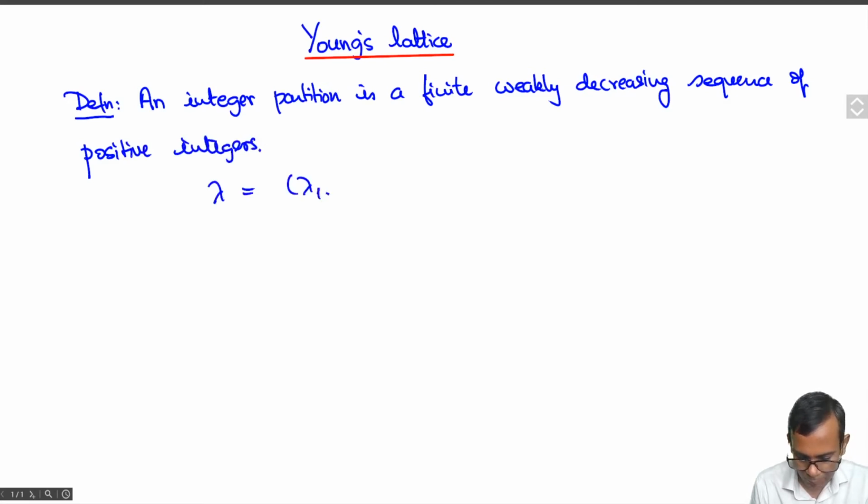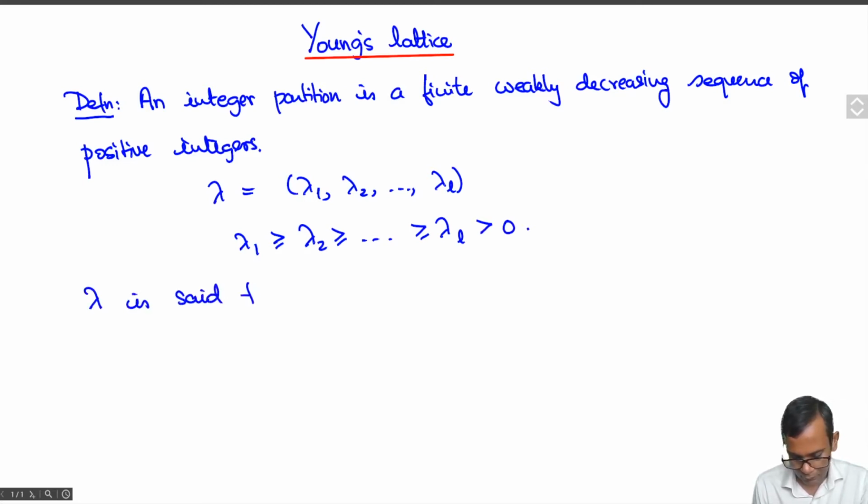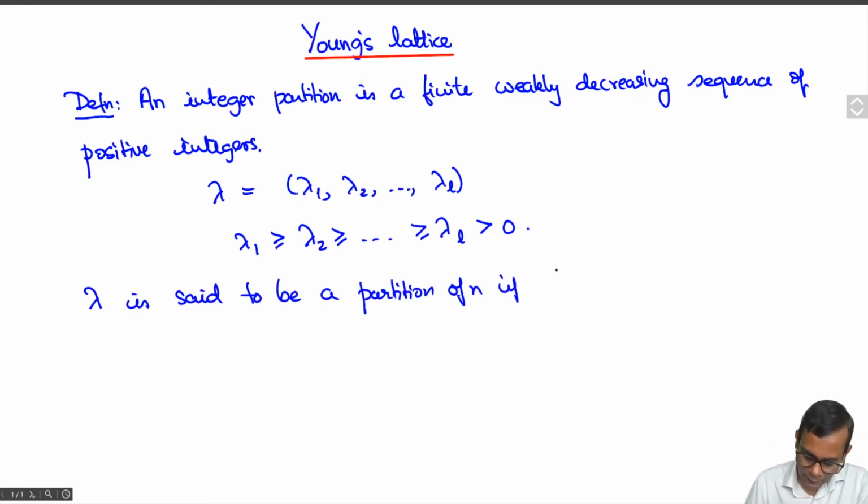Lambda equals lambda 1, lambda 2, ..., lambda L, where lambda 1 is greater than or equal to lambda 2, which is greater than or equal to lambda L, which is positive. And we say that lambda is a partition of n if the sum of these lambdas is equal to n.